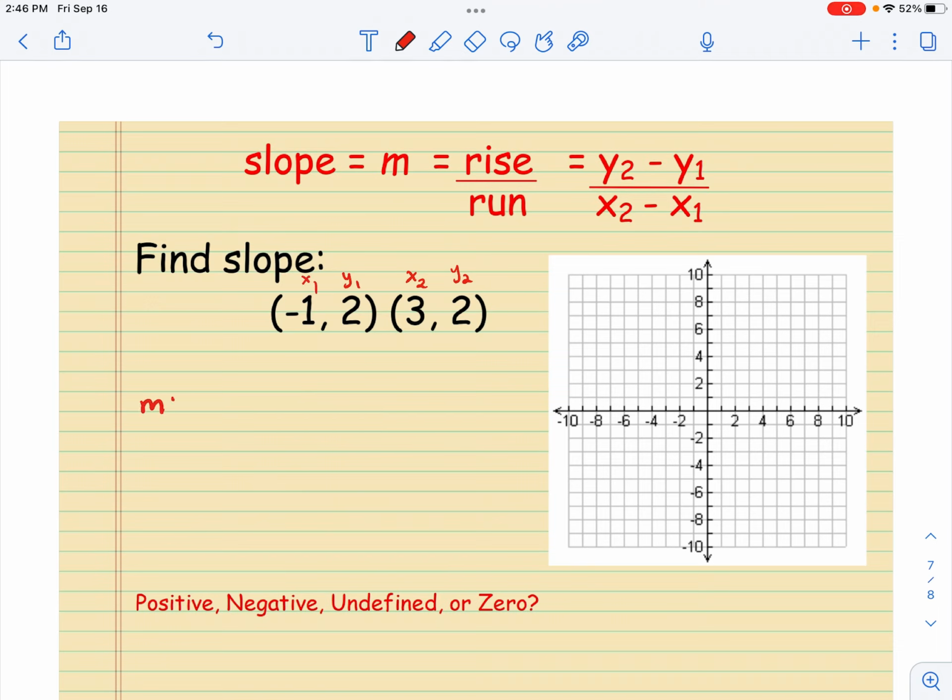So we've got m is equal to 2 minus 2, and that's going to be over x2, which is 3, minus a -1. Okay, so we've got 2 minus 2, which equals 0. And once again, we've got 3 minus a -1, so we actually add those together, and you get 4. So 0 divided by 4 just equals 0. So this is a flat line, meaning it is horizontal.